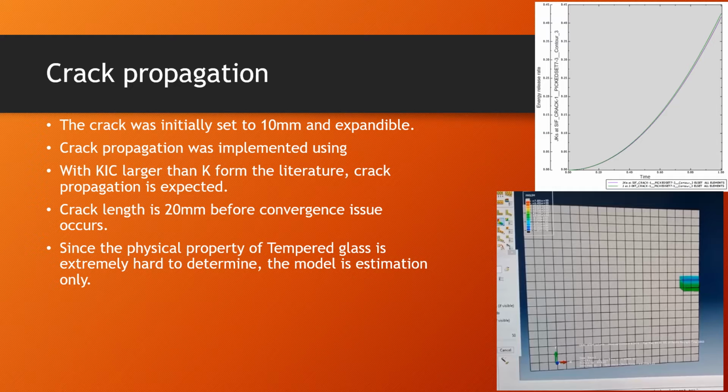The crack was initially set to 10 millimeters, and it was expandable. With KIC larger than K from the literature, that is 1 megapascal per square root meter, crack propagation is expected. And the crack developed to 20 millimeters before a convergence issue occurred.